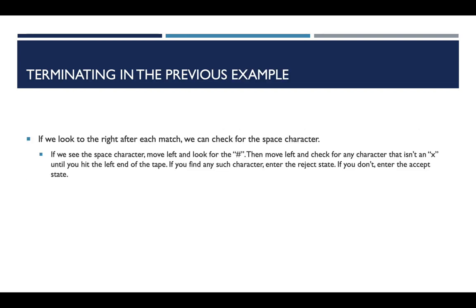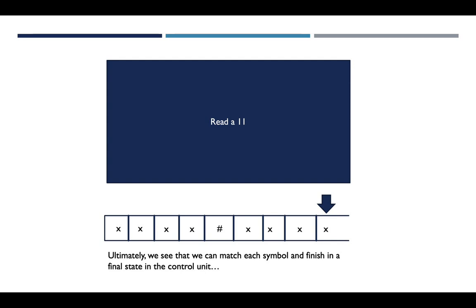If we apply that idea to the previous example, we can come up with some rules that allow us to determine when we can move to an accepting or a rejecting state based on the input that we have left on the tape. If we move to the right and find a space symbol, we're completely out of input.